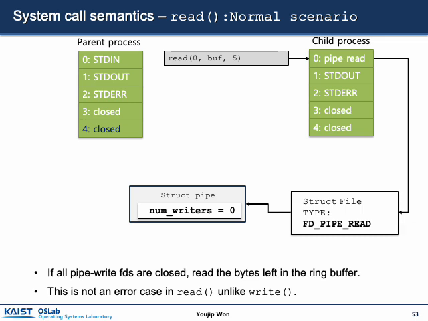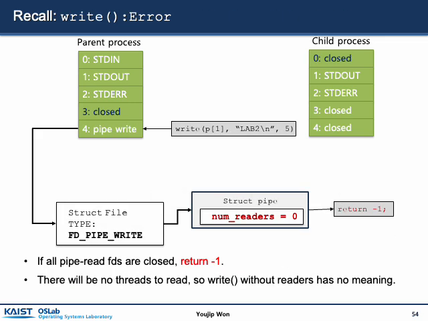In this case, the read system call does not return an error. That read system call just reads the bytes left in the ring buffer. So this is not an error case in the read system call, unlike the write system call case.